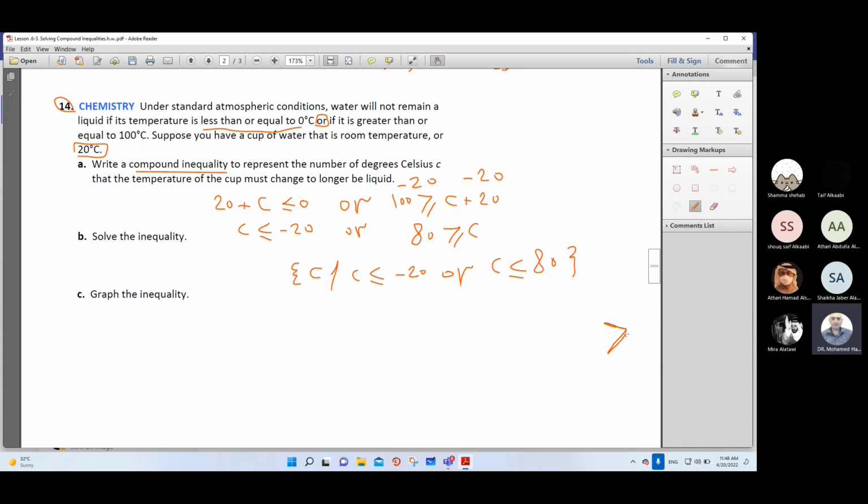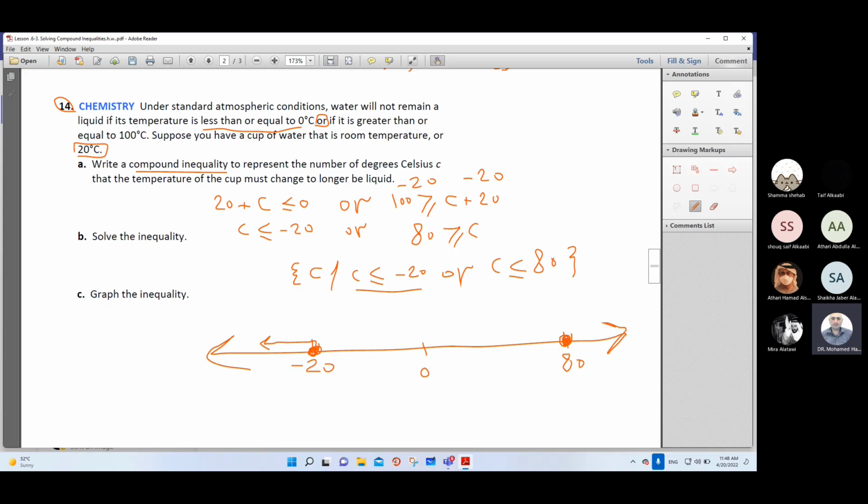Now we can graph. We have negative 20, for example, will be here. We have equal in the sign, so use a shaded circle. And C less than means the direction to the negative side. And here C represents 80, for example, will be here. We have equal, so use the shaded circle.